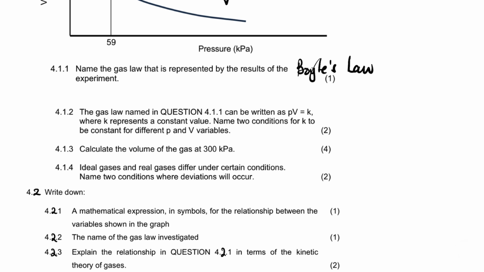Now 4.1.2 says the gas law mentioned in 4.1 can be written as PV = K, and K represents the constant value. Name the two conditions for K to be constant with different pressure and volume. It's temperature.